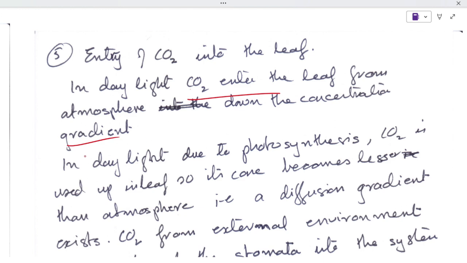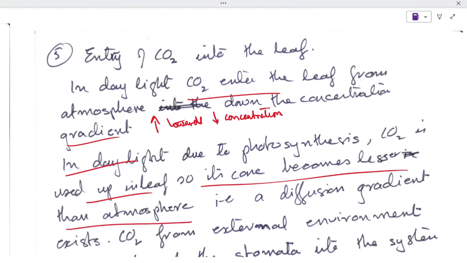Now here we have discussed earlier the term down the concentration gradient, that is from higher concentration towards the lower concentration. In daylight, due to photosynthesis, carbon dioxide is used up in leaf, so concentration becomes lesser. That is, diffusion gradient exists.